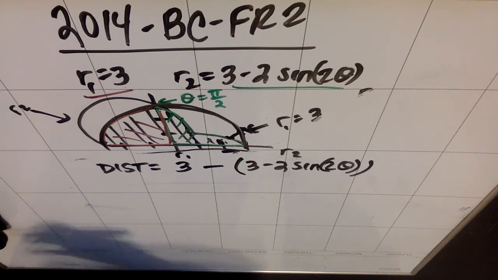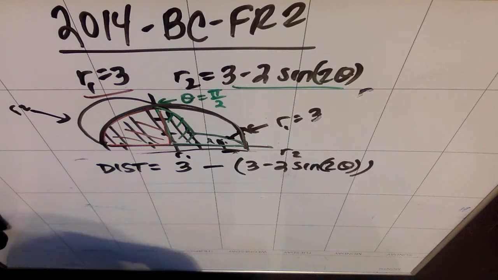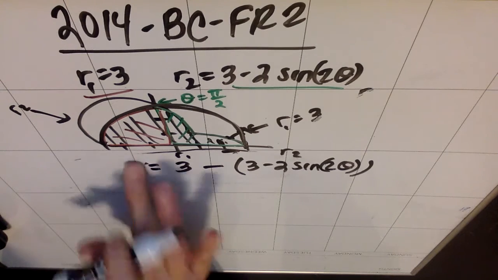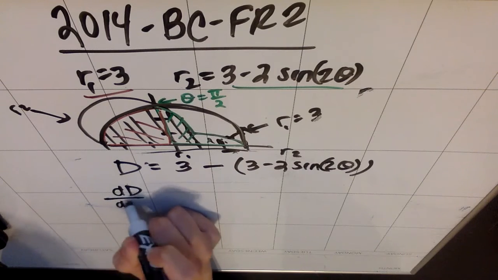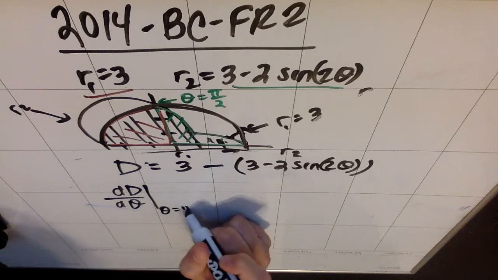So if I want to know the rate at which it's changing, what I essentially need to do is derive both of those. We'll call this d for distance. So I need to derive the distance with respect to theta and evaluate it when theta is, I think they said, pi over 3, right?